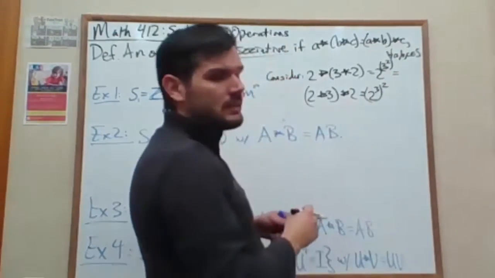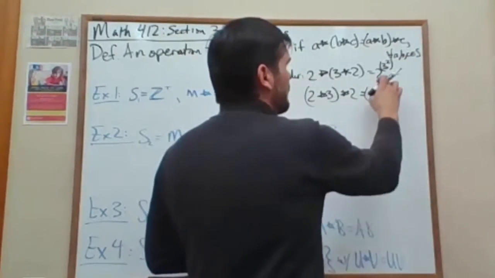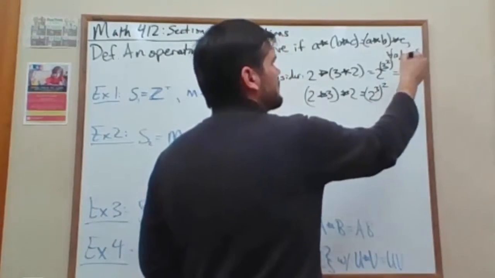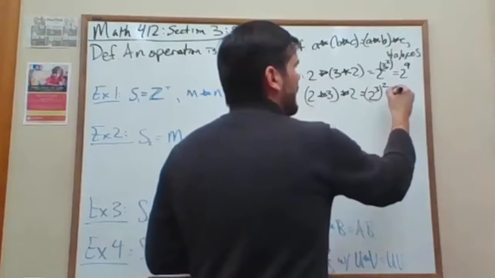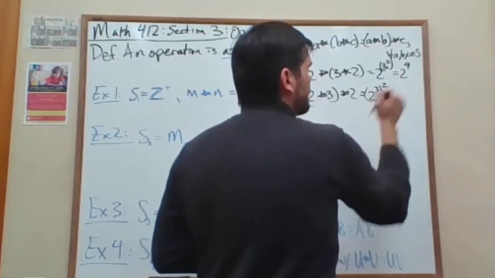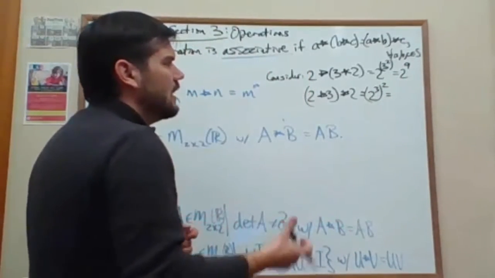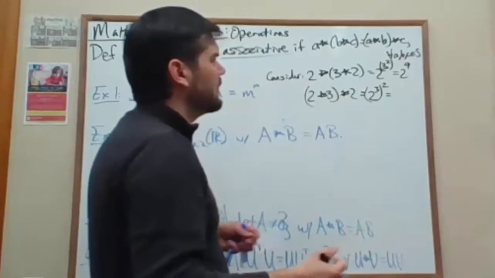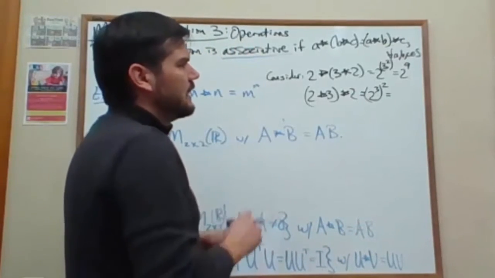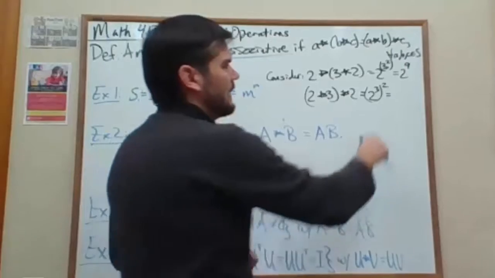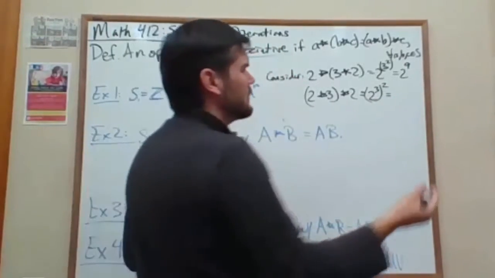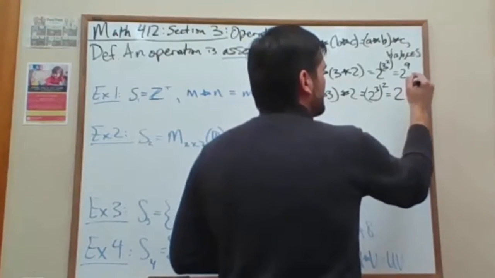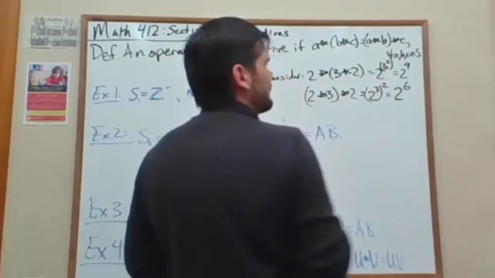So let me reduce them a little bit just to verify here. We have 3 squared is 9, so we have 2 to the 9th. And on the bottom, we have 8. We can think of that as 8 squared, 64. To think about this a little bit more carefully, if we have 2 to the 3rd and then we raise to the 2nd, we are then multiplying. So it's really quite easy to see this is 2 to the 6th.